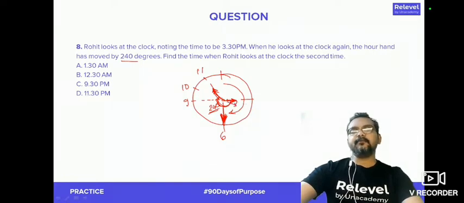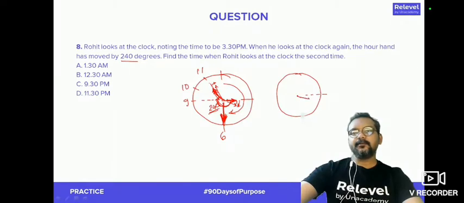Exact same thing would happen when it is 11:30. The hour hand would not be exactly at the 11 mark, but slightly more than that. But since the minute hand's position is the same in both cases, the movement here and the movement here would be the same. So the exact positions would be, if this is 3 and the hour hand was somewhere here at 3:30, after it moved 240 degrees, this is 9, this is 10, that's 11, and that's your 12 o'clock mark.